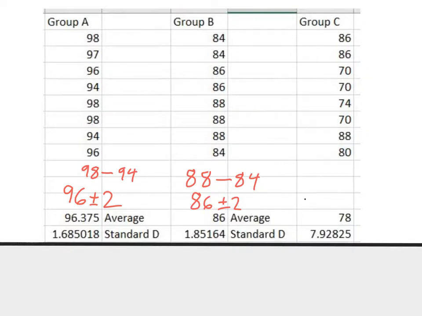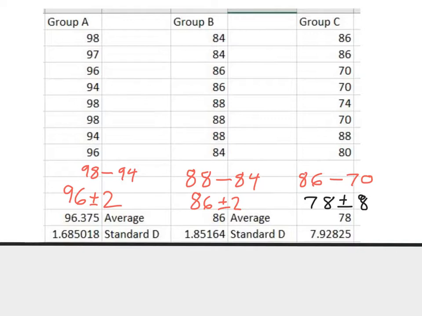So we have a class average of 78 plus or minus 8, meaning that most of our grades are between 86 and 70. On average, our grades range from 86 to 70.